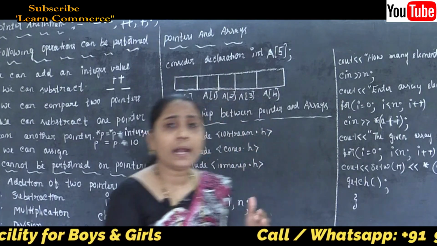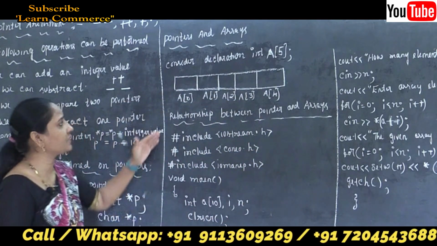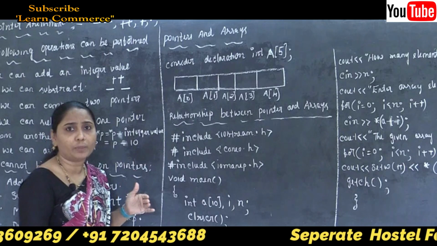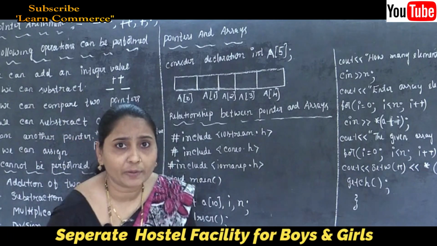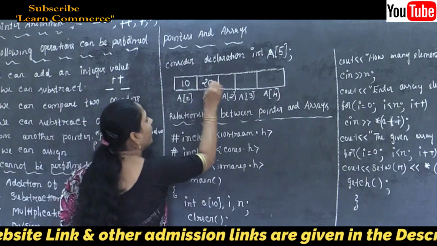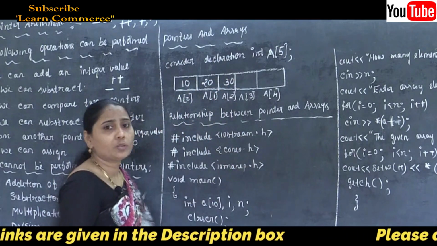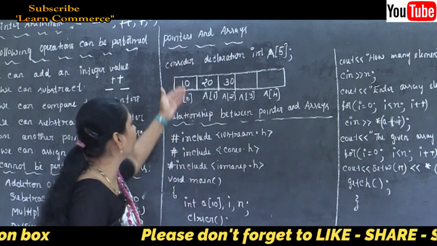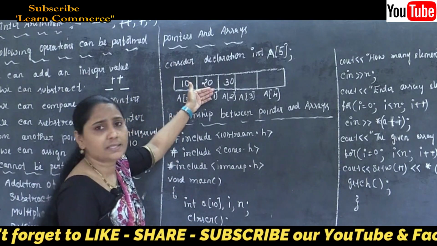When the program is compiled, I want to access some elements from the program, say the element 10, or maybe the element 20.